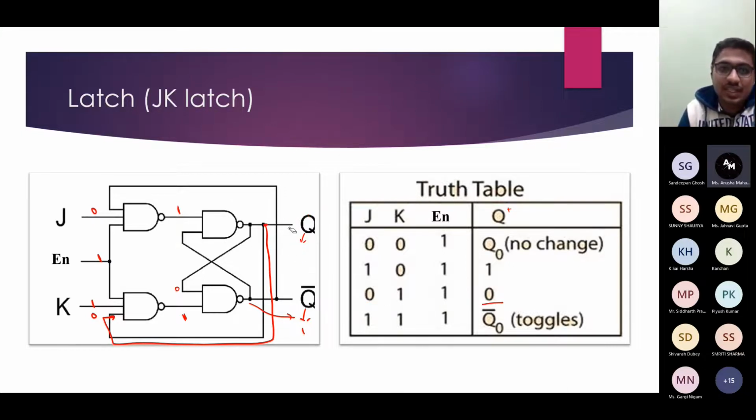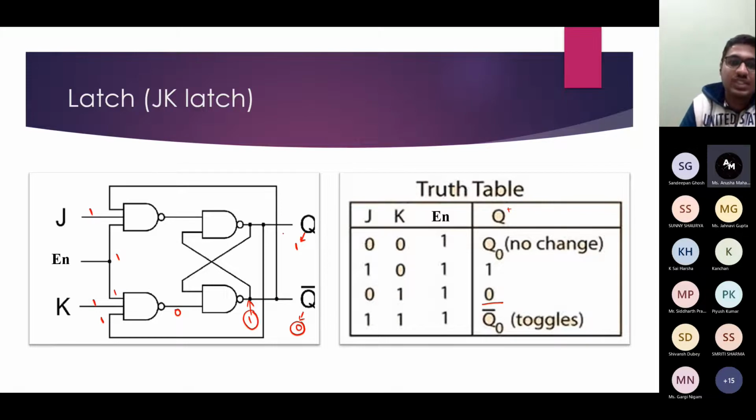Now if you consider another case, 1 comma 1 input, so say enable is 1 and J and K both are 1, and assume that this Q is equal to 1 and Q complement is 0. So here input will be 1. So 1 1 1 will be input to this second NAND gate. So here output will be 0, and here this part output will be 1. As you can see, when my Q complement was 0, it converted into 1.